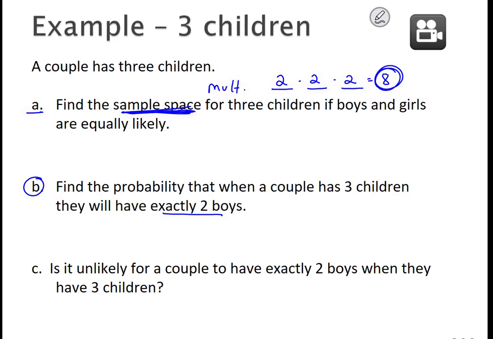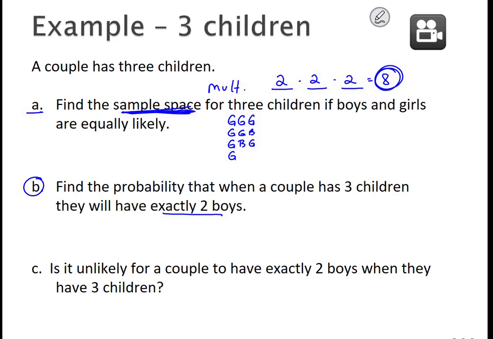Now, I usually try to think all the different ways that something can happen starting the same. So for instance, if I had a girl as the first child, I might have a girl as the second child and a girl as the third child, 3 girls in a row. Or I might start with a girl, have another girl, and then a boy. Or I might start with a girl, have a boy, and then another girl.